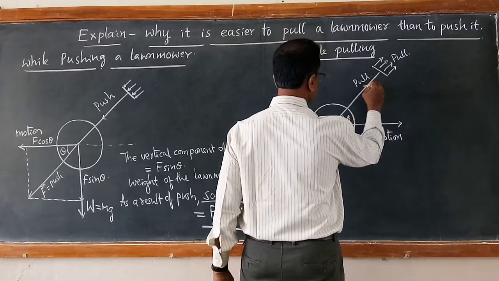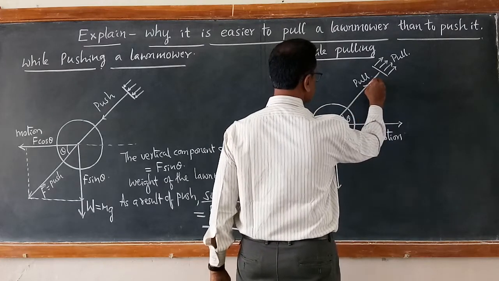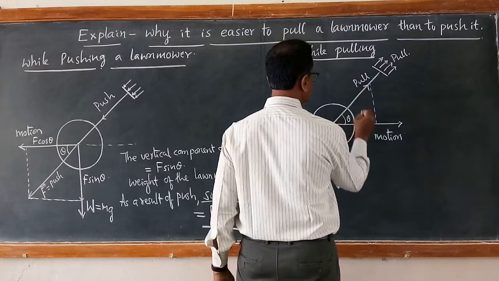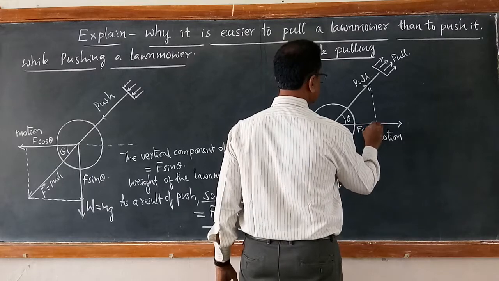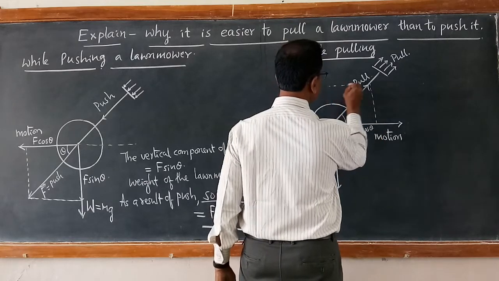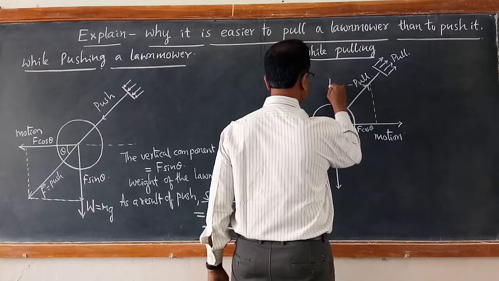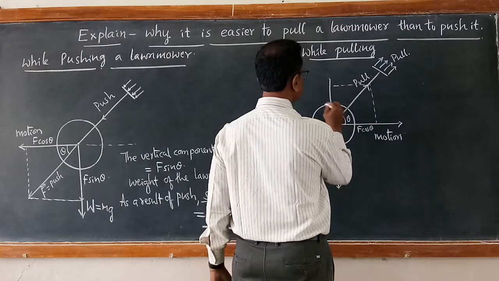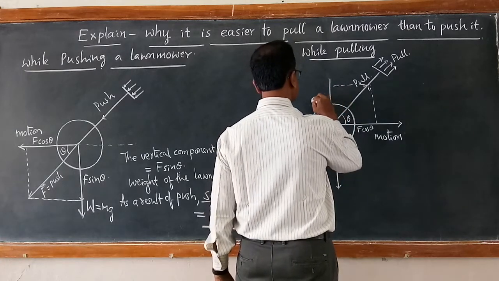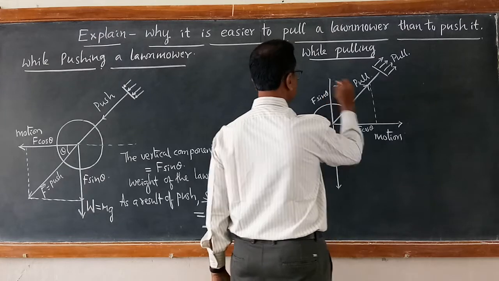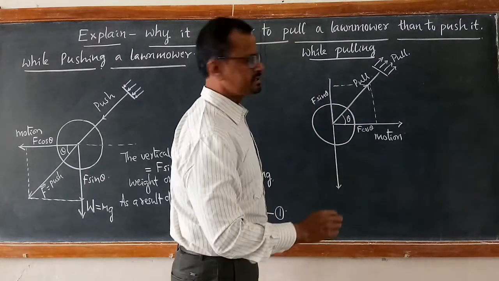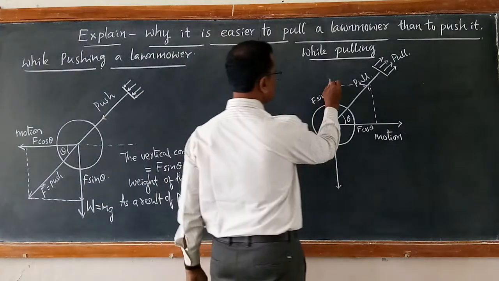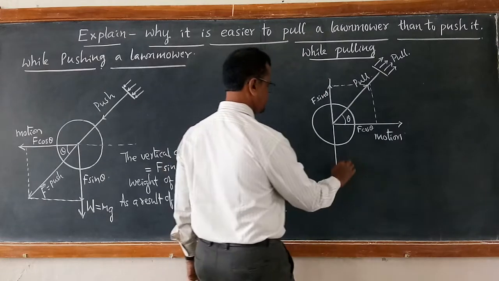Let us take this as the vector F. So F cos theta, and if you draw the component here, this becomes the normal reaction. This becomes F sin theta. Vertical component becomes F sin theta. The vertical component here is upward, whereas while pushing it was downwards. That is the difference. So this is weight.